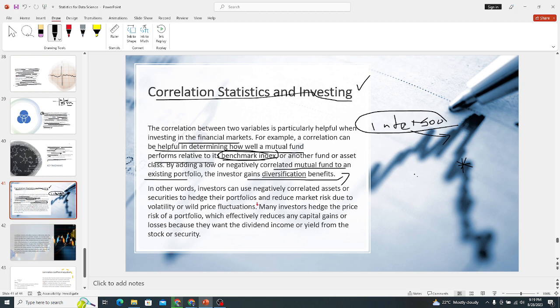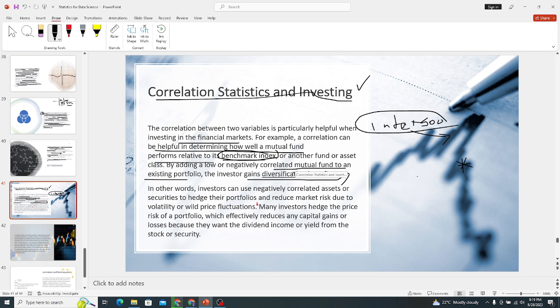And in case the high performing fund loses its value, or performs poorly, then you can be secured with the other mutual fund.